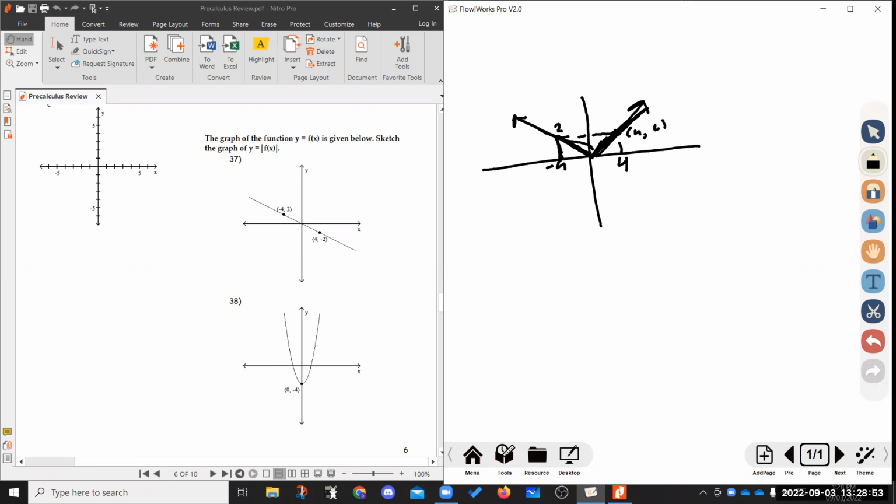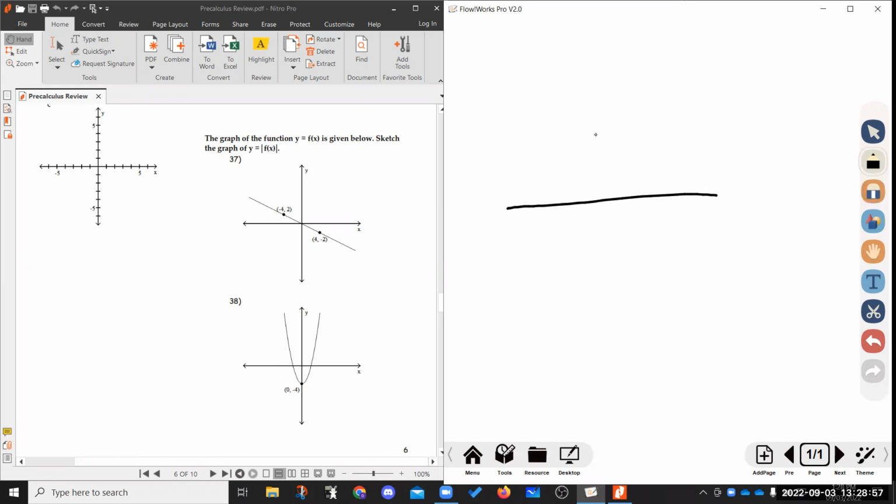So there we go. Now we're going to have the graph at 0, negative 4. It's going to become 0, 4. It's going to come down to this x-intercept and down to this x-intercept. And then it's going to turn back around and go up like this.